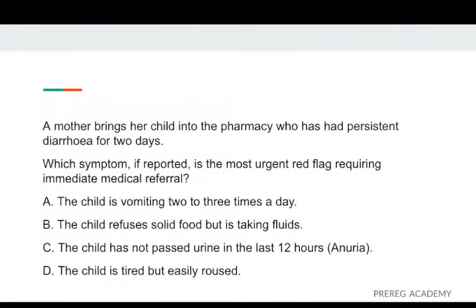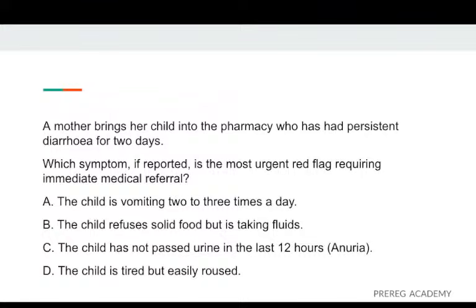A mother brings her child into the pharmacy who has had persistent diarrhea for 2 days. Which symptom, if reported, is the most urgent red flag requiring immediate medical referral? Yes, option C is correct.